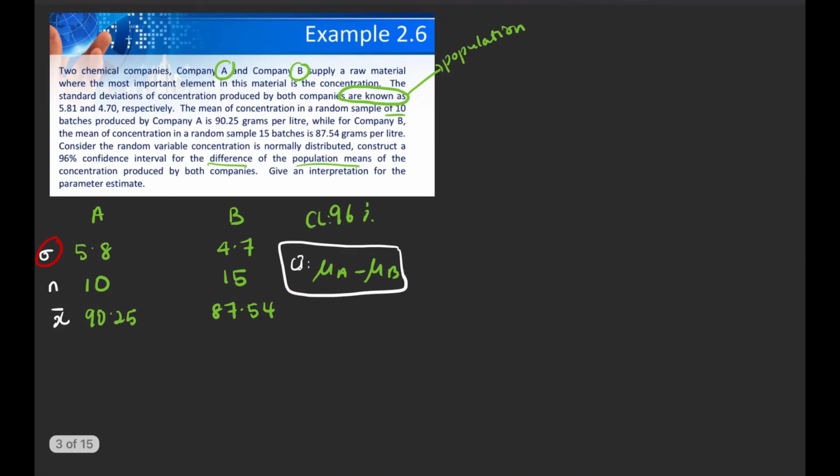So what is the first formula? So we write back the first formula. X bar A minus X bar B plus minus Z alpha over 2 square root sigma A square over NA plus sigma B square over NB.